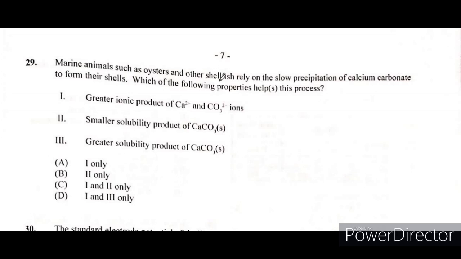So it's greater ionic product of Ca2+ and CO3 2-, smaller solubility product, or greater solubility product. So alright, 2 and 3 cannot be together, so it's either 1 and 2 or 1 and 3. Now greater ionic product of Ca2+ and CO3 2-.